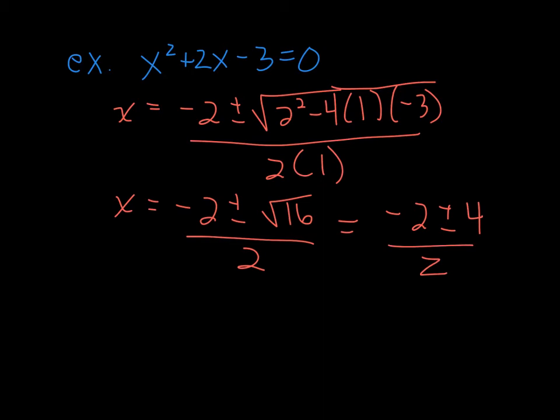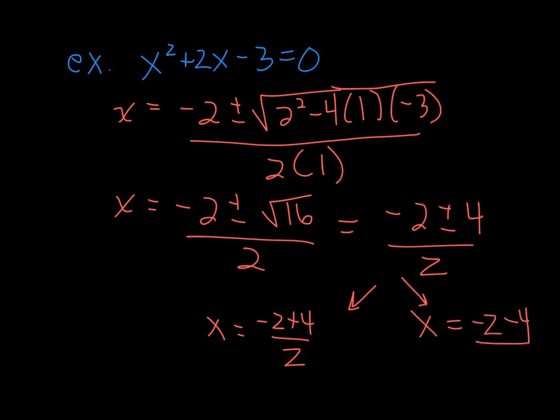So I have two solutions. Either x is negative 2 plus 4 divided by 2, or x is negative 2 minus 4 over 2. So this first equation gives me that x would be 1, and the second equation gives me that x would be negative 3.